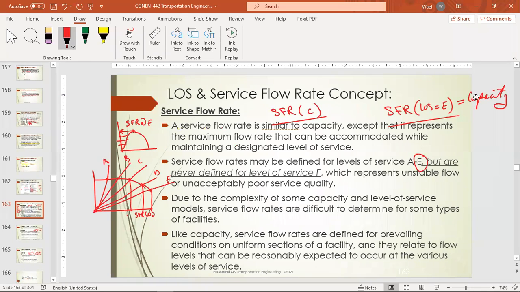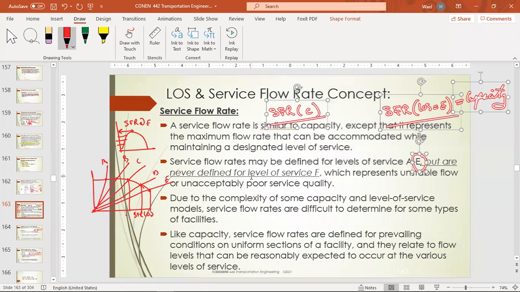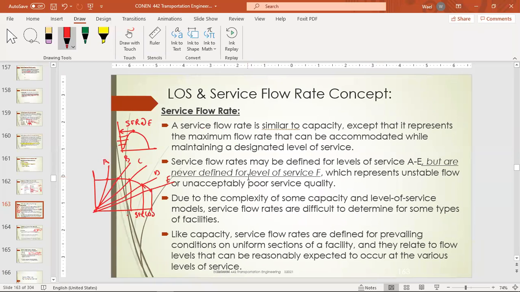There's another concept, which is basically the service flow rate. Service flow rate is the maximum flow rate at a specific level of service. Okay, so for level of service A, there is a maximum flow rate. For B, there is a maximum flow rate, and so on.